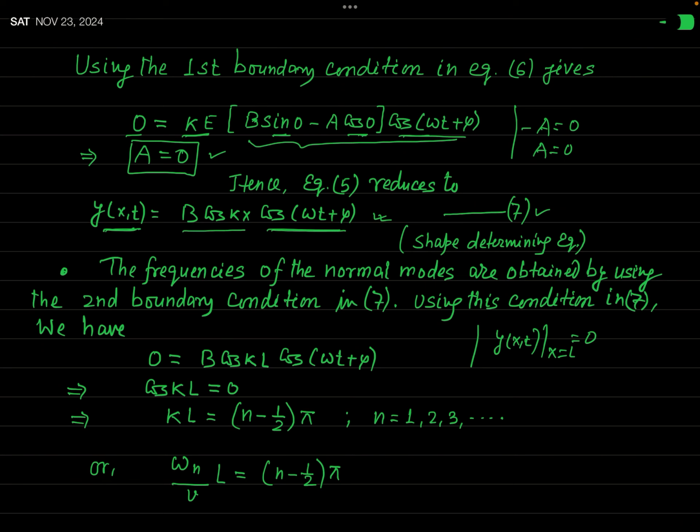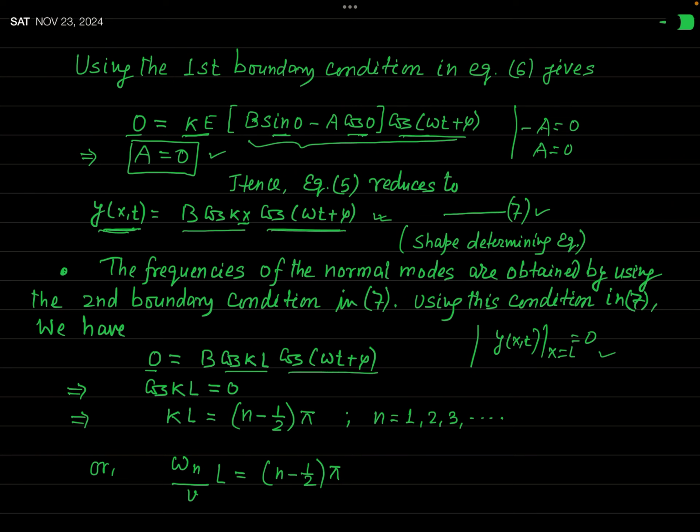Okay. So now put x equal to L in the RHS of equation 7, and according to this boundary condition, this y will be 0. So you can write 0 equal to B times cos kL times cosine of (omega t plus phi).